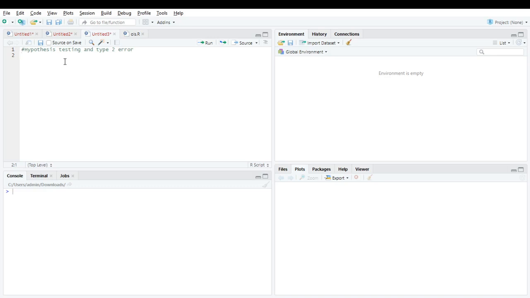In hypothesis testing, as you already know, there are two hypotheses. The main hypothesis that we consider is the null hypothesis, and the alternative, or reciprocal of the null hypothesis, is the alternative hypothesis.